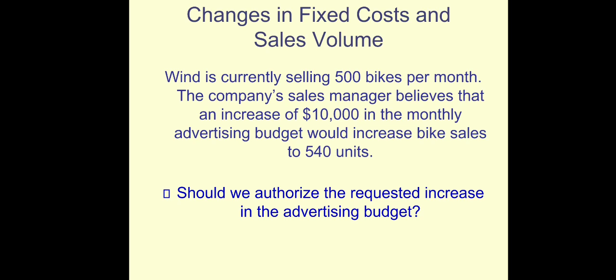So how to do the analysis? The analysis is easy. You compare profit before the suggestion and profit after the suggestion. If the profit increases, then you accept the suggestion. If the profit is getting lower, then you don't have to accept the suggestion.